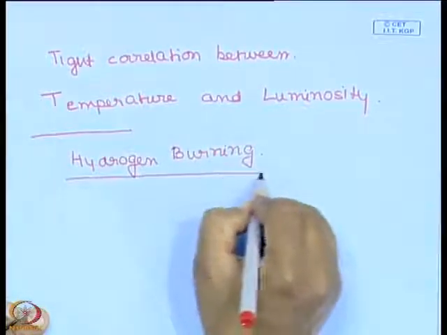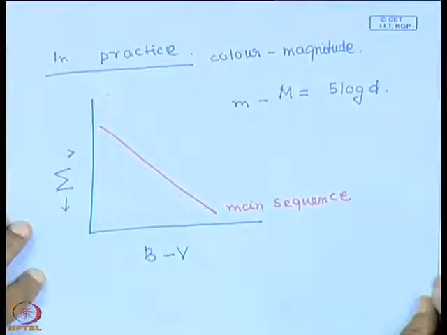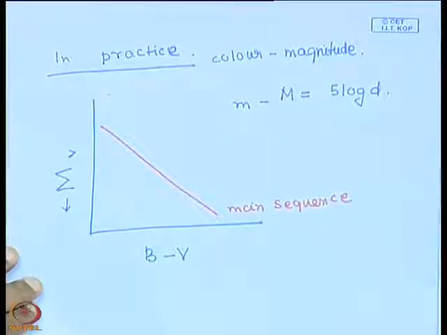So, all the hydrogen burning stars in the HR diagram lie on a band like this called the main sequence.